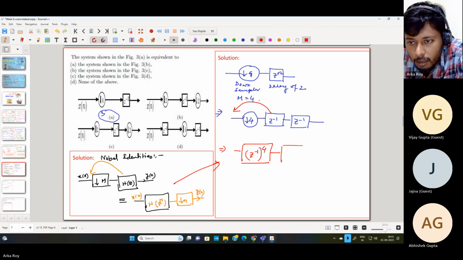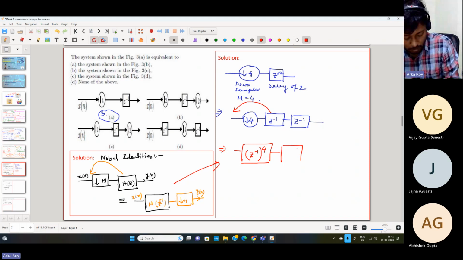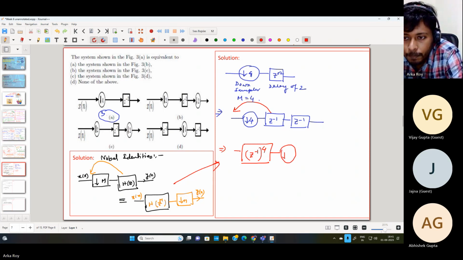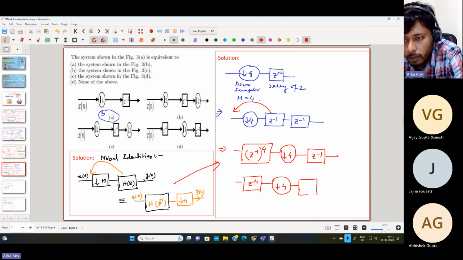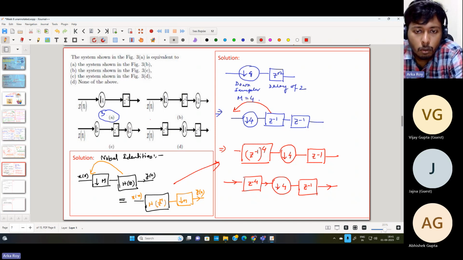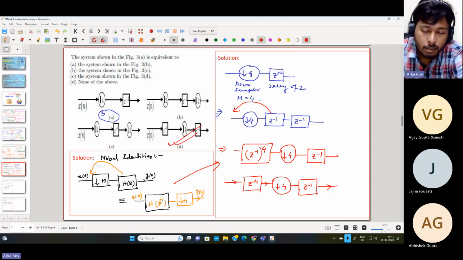And then there will be the downsampler of 4, so it will look like z to the power -4, downsampler of 4, and then we have z to the power -1. By this logic, option D is the correct answer.